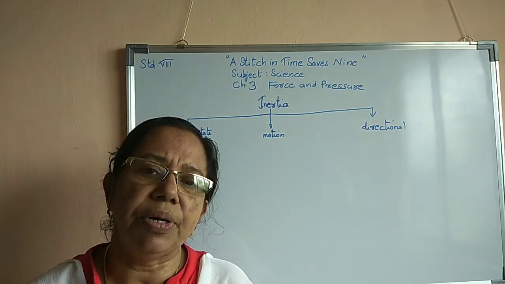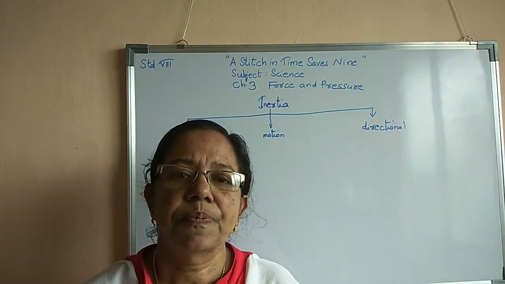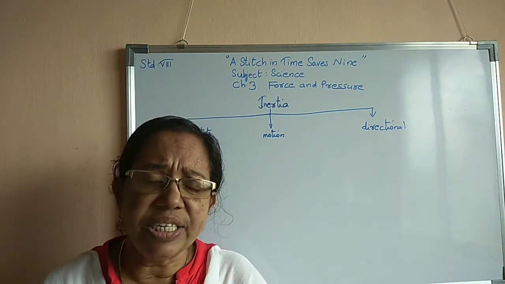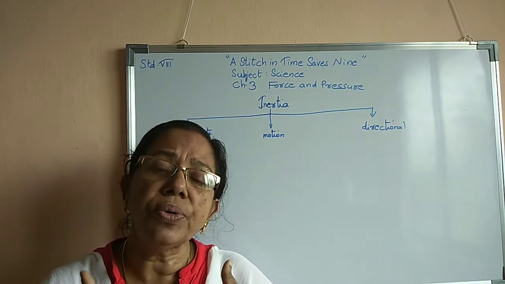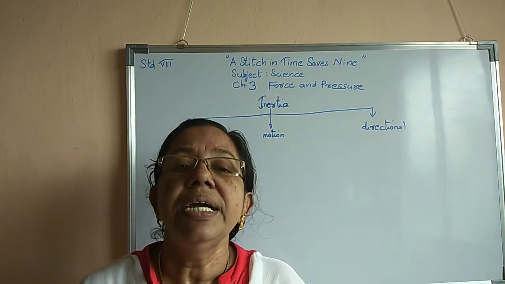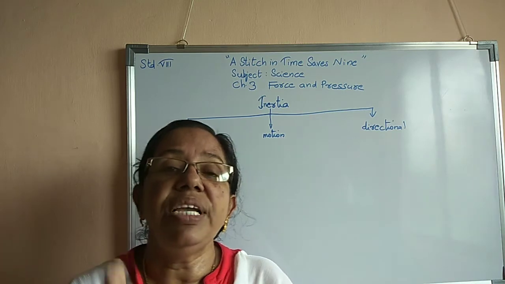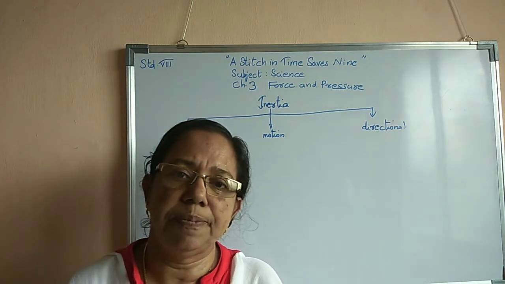Now we are studying about inertia at the state of motion. The tendency of an object to move continuously with the same speed till we apply a force on it.